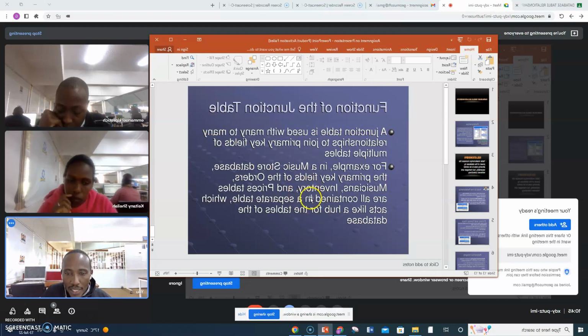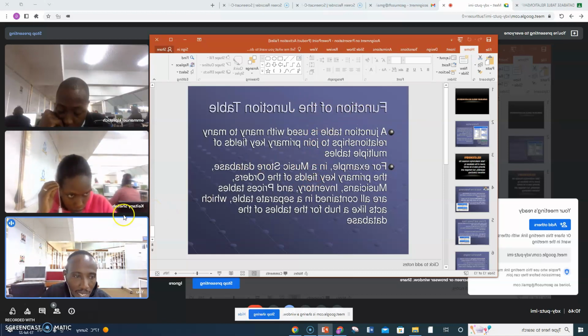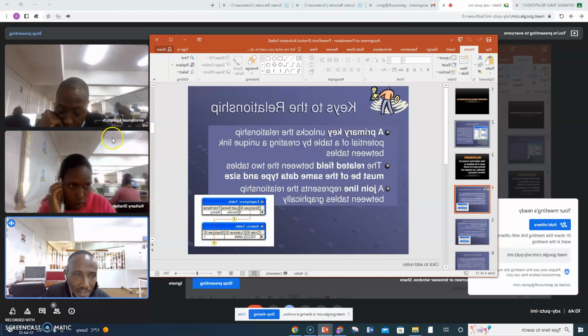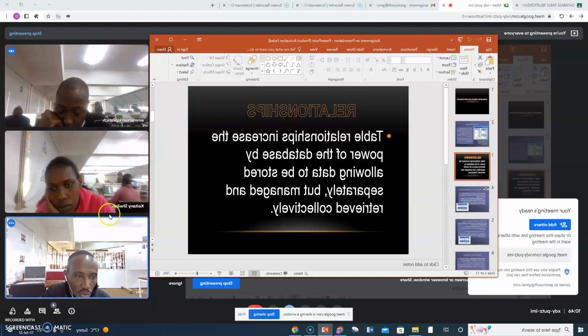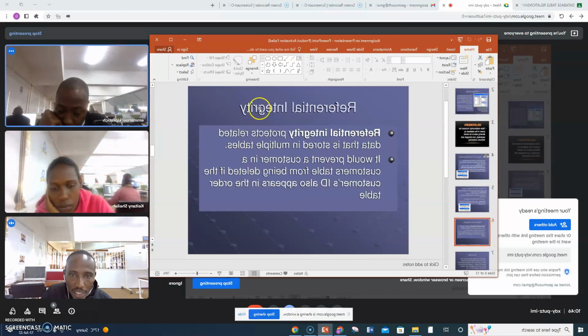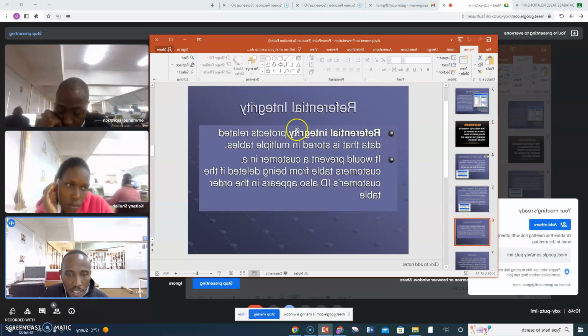Make sure that you are able to use the 3 types of relationships and include the junction table plus the referential integrity. So that in our next lesson, I'll be checking on this and making sure that we are all okay with whatever we've learned today.